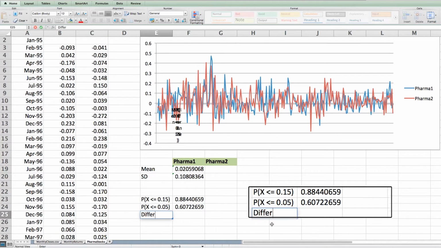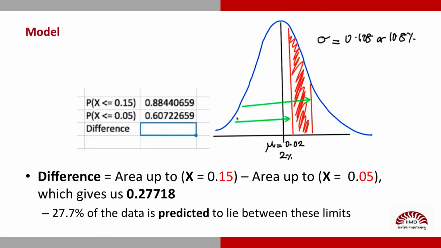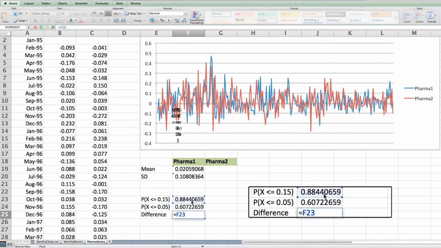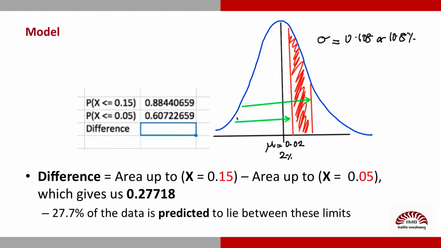And I get the difference as equal to the cumulative area up to 15% monthly return minus the cumulative area up to 5% monthly return, and that is 27.7%.